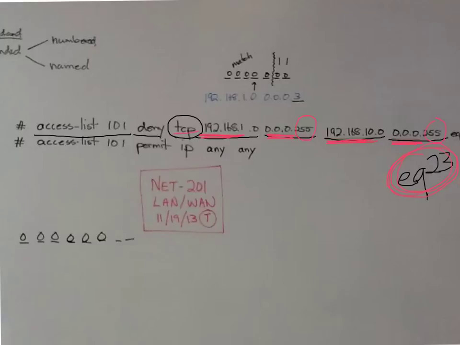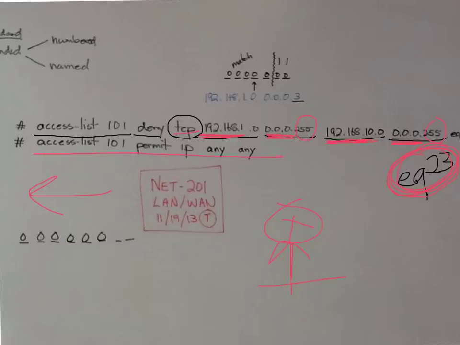Again, so that was port 23. And we applied that, as we talked about earlier, to that interface on the router going in. So we could stop that traffic right away.